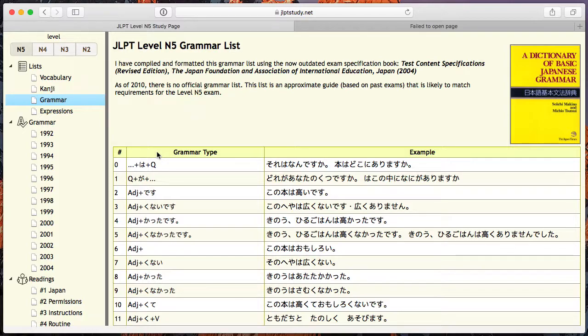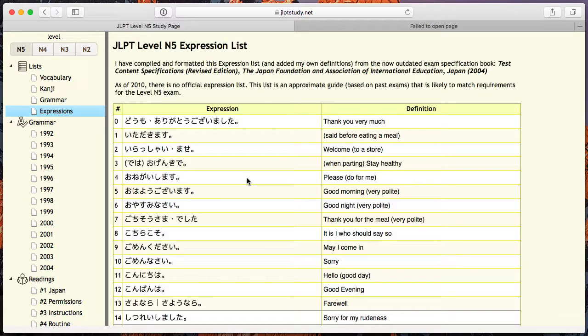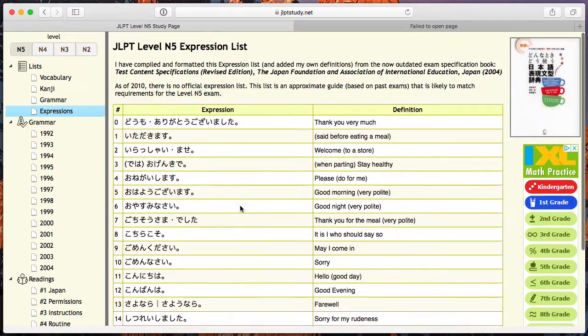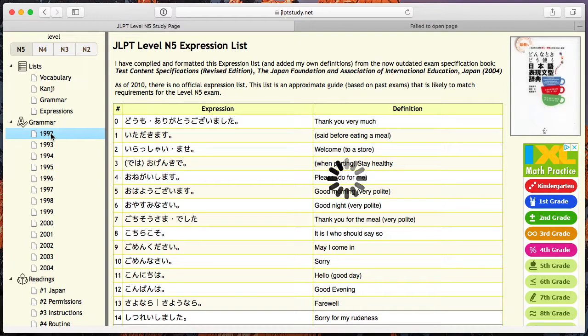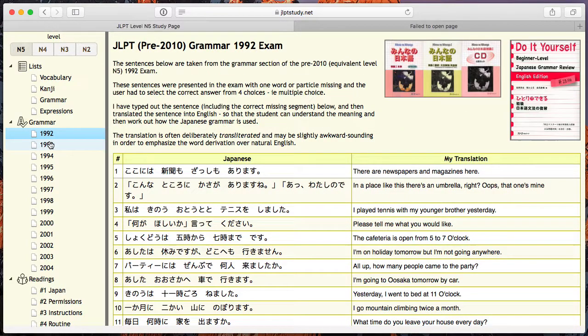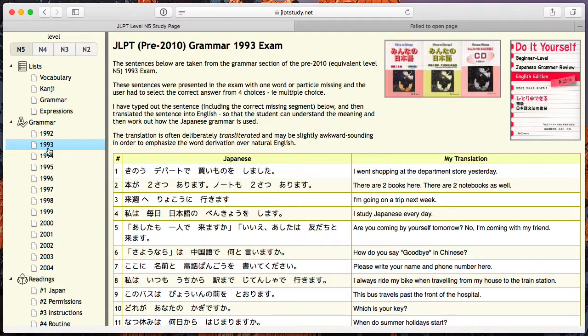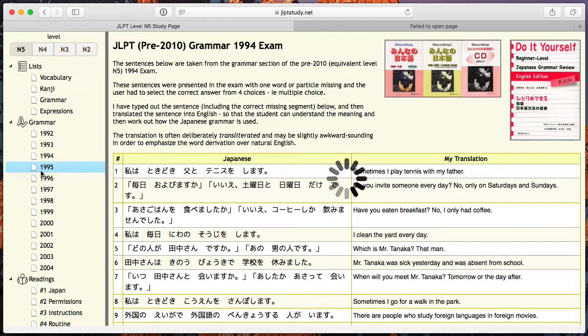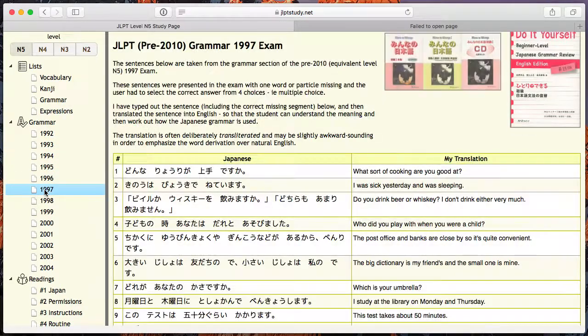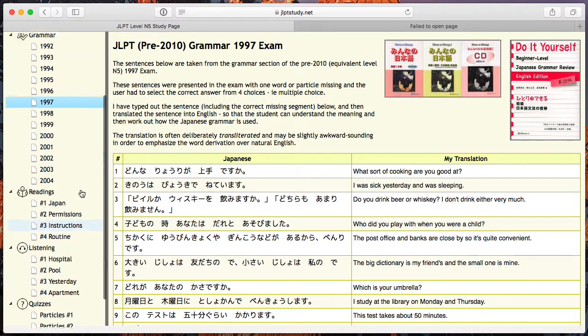Well, that's what we're going to be working on today. And then finally, there's a list of fixed phrases and expressions, things like that. So they have sample tests or sample sentences that you should be able to read from past tests. And then there's a bunch of other stuff.